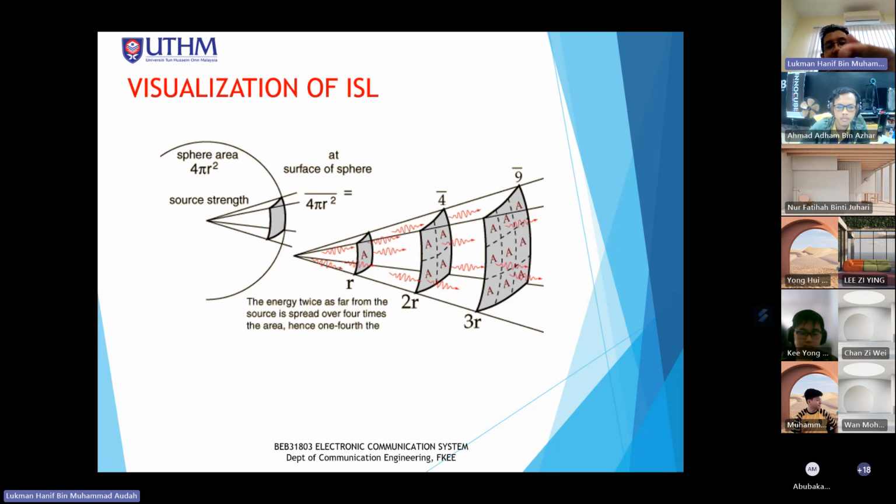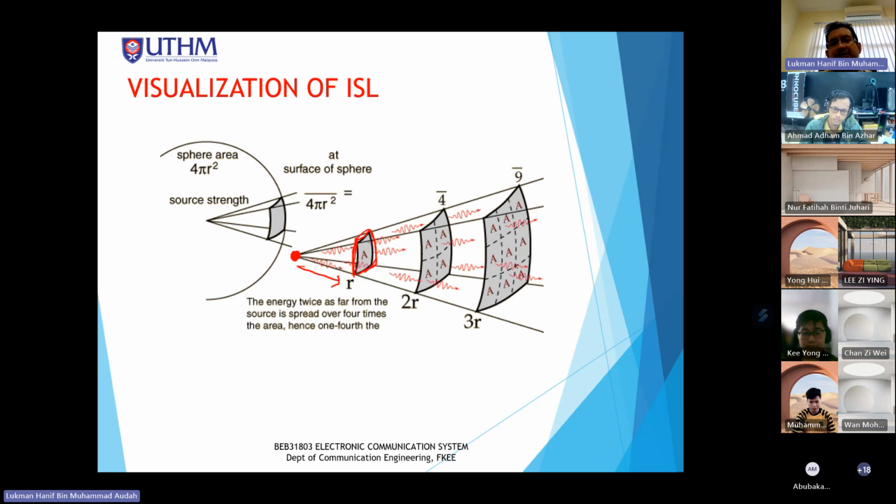So this slide wants to show you that the power density becomes less as we move further away from the antenna. The antenna is located here, and at distance R, the power density is measured in terms of this area.